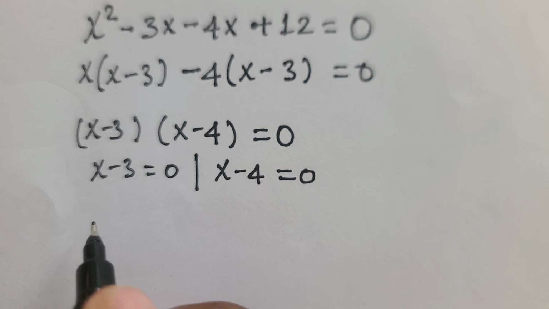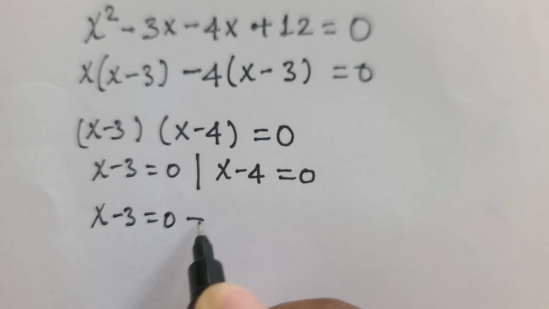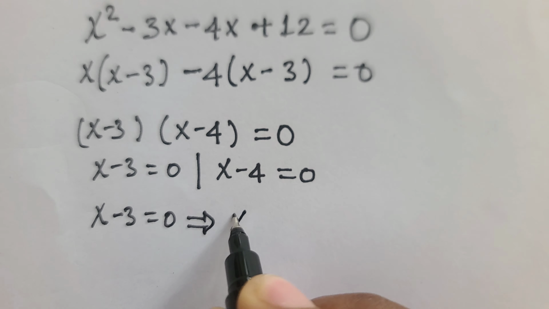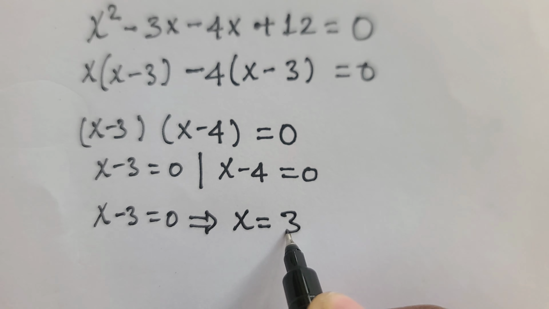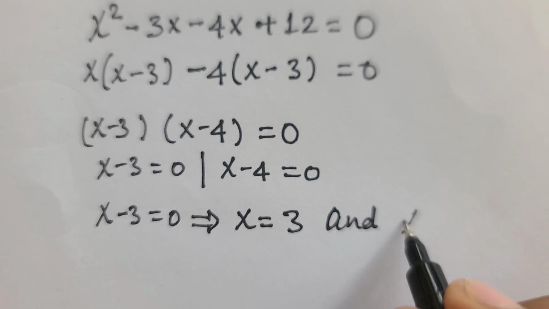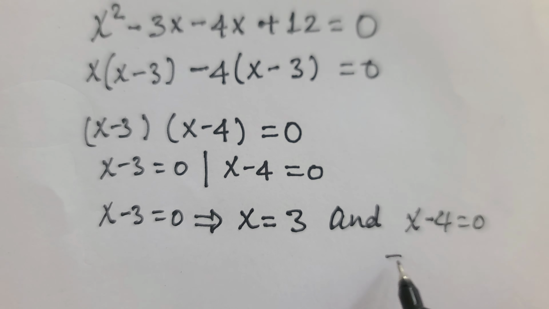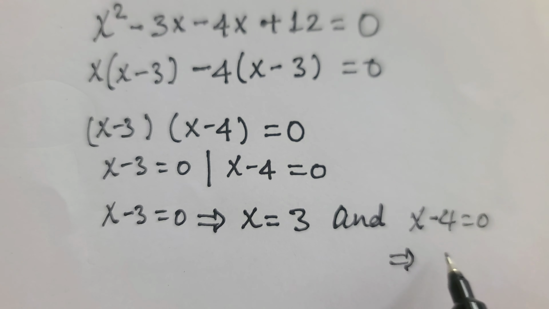So x minus 3 equals 0 implies x equals 3, and x minus 4 equals 0 implies x equals 4.